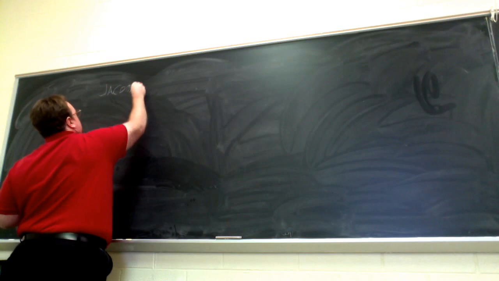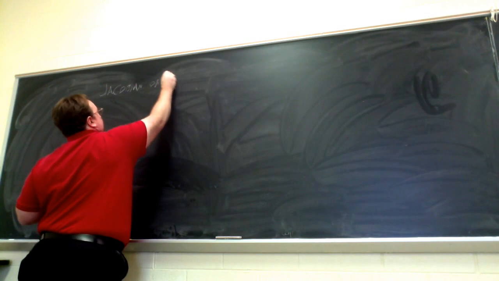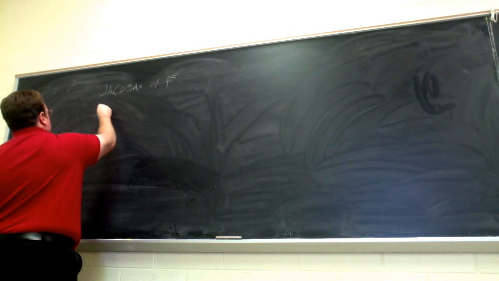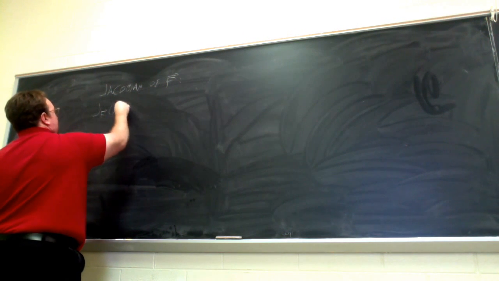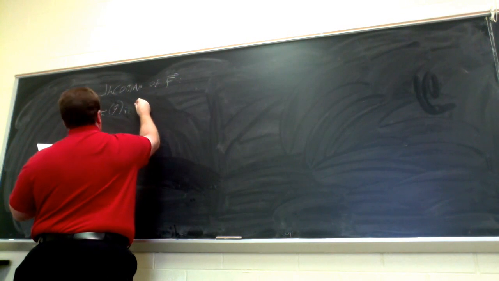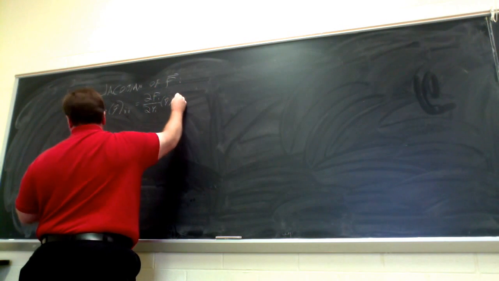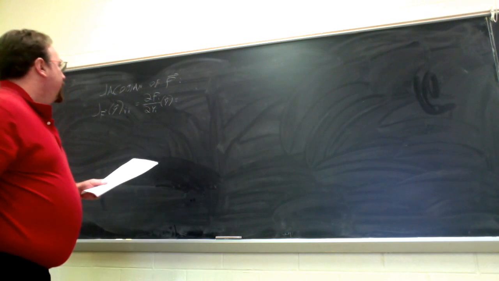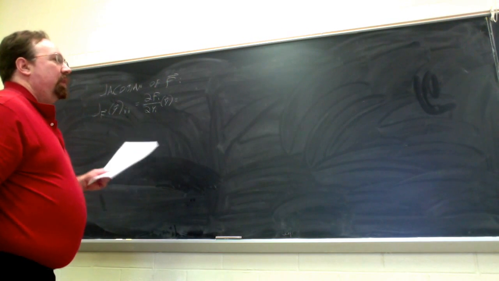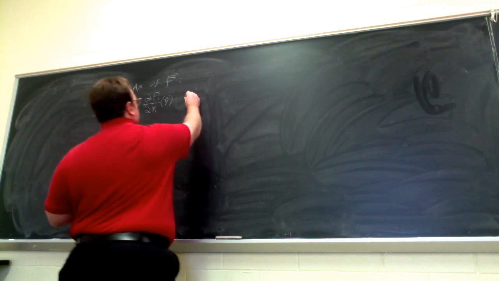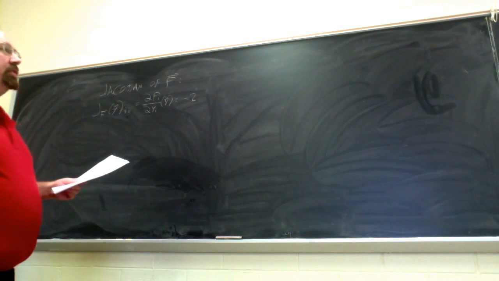All right, so the Jacobian of f. We have first the diagonal entries, entry ii. That is the partial derivative of fi with respect to yi. If we're differentiating with respect to yi, we're going to have a minus 2 from the second derivative approximation.